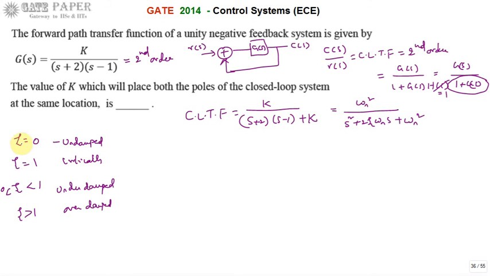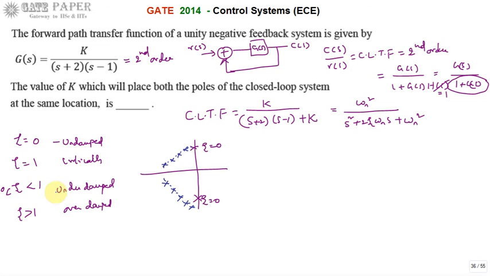Based on this, zeta equal to 0 will have poles on the imaginary axis. So this will be the pole location for zeta equal to 0. Whenever zeta is between 0 and 1, the poles can be at any point in between; the poles are complex in nature and symmetrical to each other.